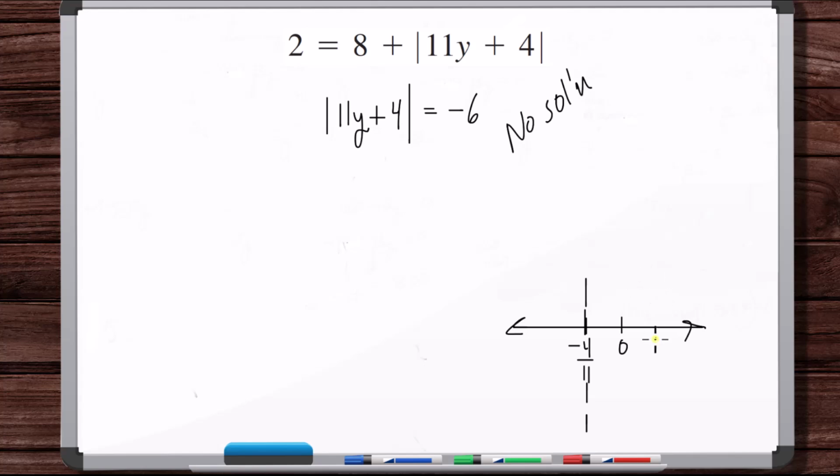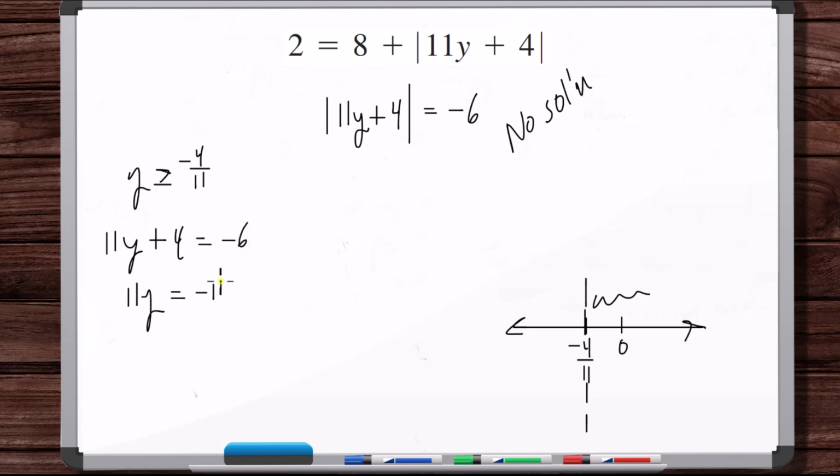So if we're greater than or equal to -4/11, then this is going to be positive. Subtract 4 from both sides. Is this greater than or equal to -4/11? No. That's not a solution.